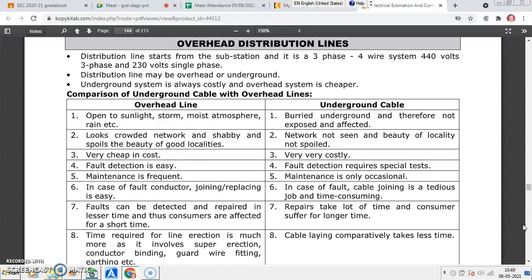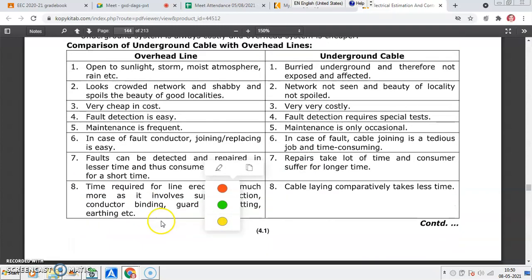But in case of an underground system, if there is a fault, the cable jointing is a tedious job, it is a time consuming job. So fault detection and fault repair in an underground system is a tedious job compared to an overhead system.